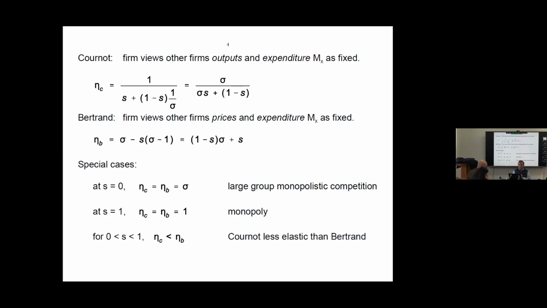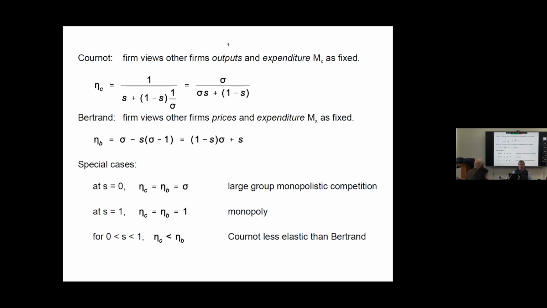Okay, so look at eta C, the first equation on the page. On the right-hand side, you can see that as S goes to zero, so there's more and more variety. S is the market share of this representative firm. So as S goes to zero, there's just lots of varieties. Yours is one of 1,000. As S goes to zero, eta C converges to just sigma.